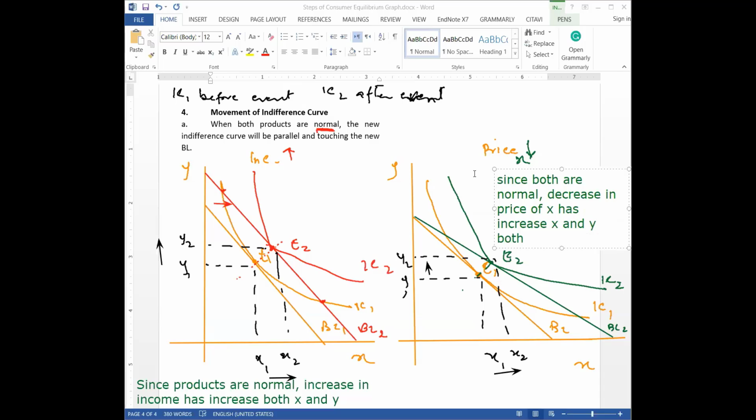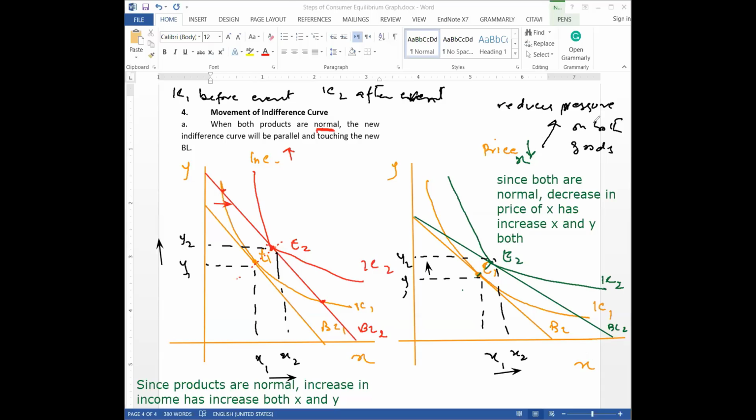So why has it increased Y? It is understandable that it has increased X because X was cheaper. So it has increased Y because when X is cheaper, the customer will not buy everything from X. He will leave some of the income to buy more of Y. So it means that when a price decreases, it reduces pressure on both goods.